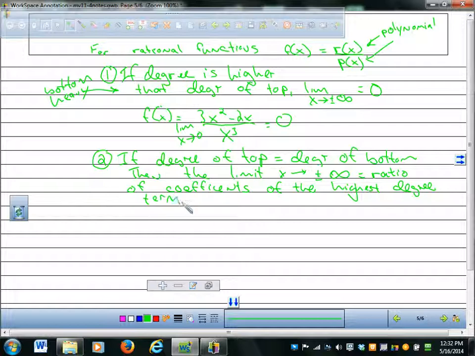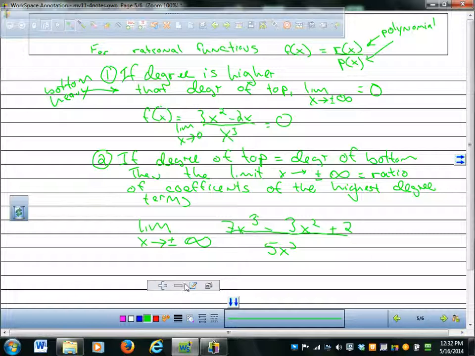For instance, say you have the limit as x goes to plus or minus infinity of 7x cubed minus 3x squared plus 2 over 5x cubed.